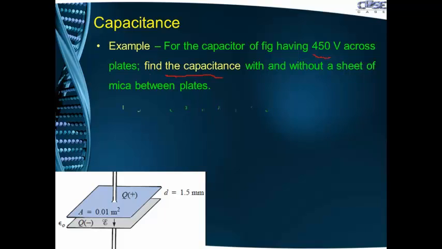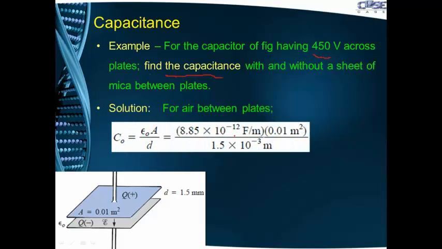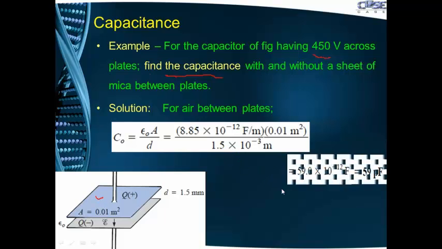So first of all, for air between the plates, C naught would be equal to epsilon naught A over d. A is given as 0.01 meter square. Epsilon naught value is given, it is a constant, and d is the separation. So by plugging in the values, C naught would be equal to 59 picofarad.